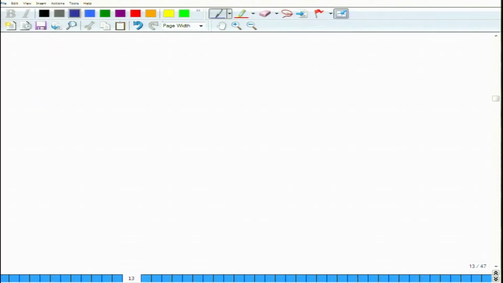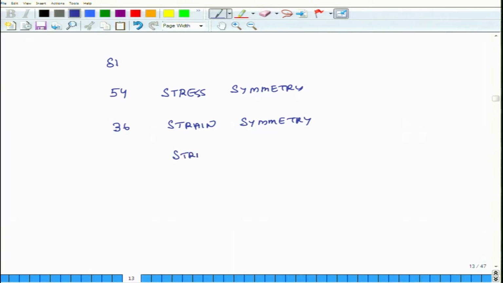So, what have we accomplished? Initially we started with 81 constants, then because of stress symmetry, the number of constants required is only 54, then because of strain symmetry, only 36, and then because of strain energy, it is 21.